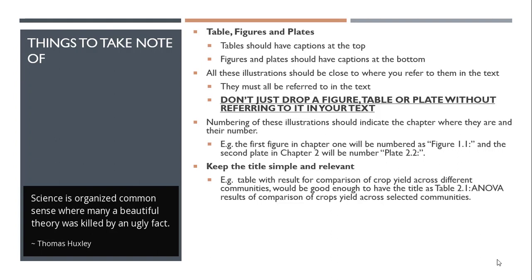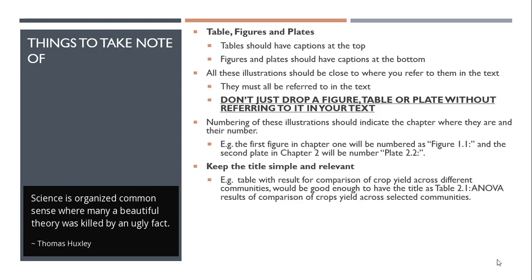Remember, simplicity is always very important. Simple and relevant. A table with results comparing crop yield across different communities will be good enough as a title. So use a simple title.